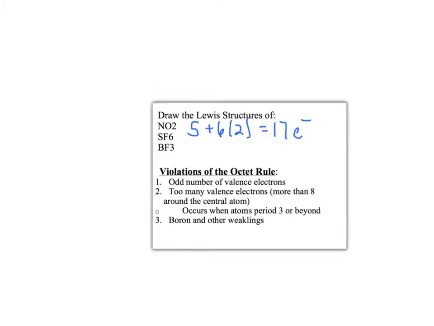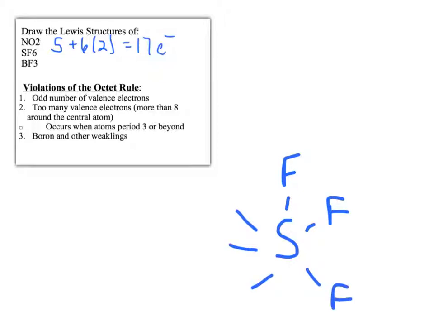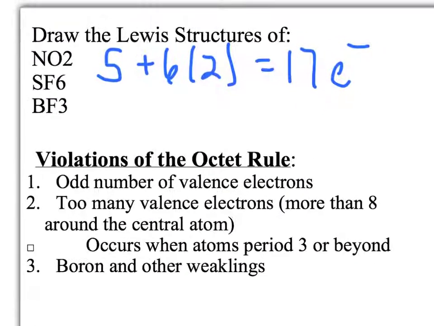But we can actually draw the structure, and here I have my sulfur surrounded by my 6 fluorines. And each one of those will have 6 electrons around it as well. So what clued me in right away that that's going to be an exception to the octet rule? I just have too many valence electrons. More than 8 are going to be around my central atom.